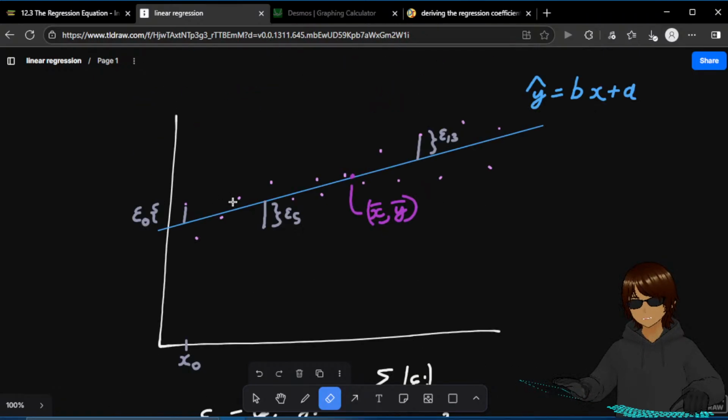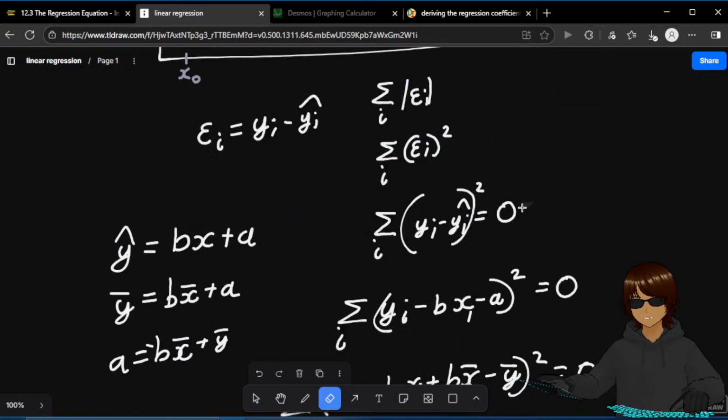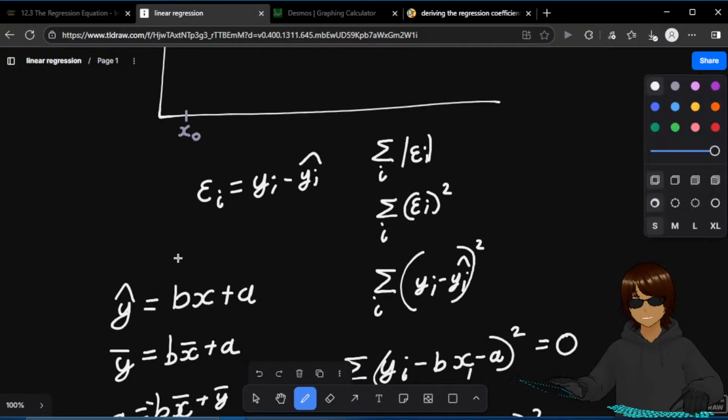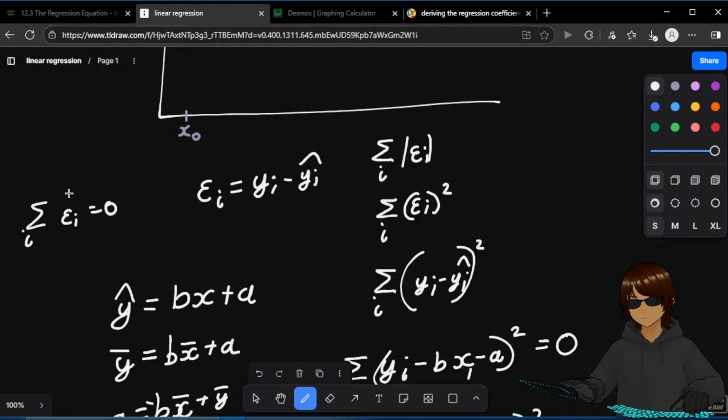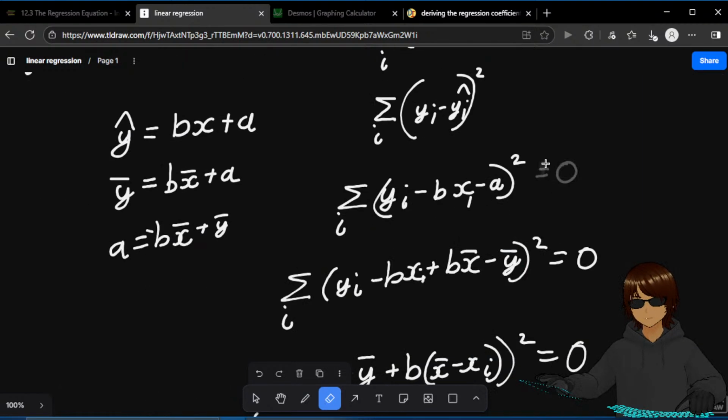If I sum the loss, I want the loss to be a minimum and not zero. The only time it's zero is when this should be zero, if this is truly a line of best fit, but I made a mistake here.